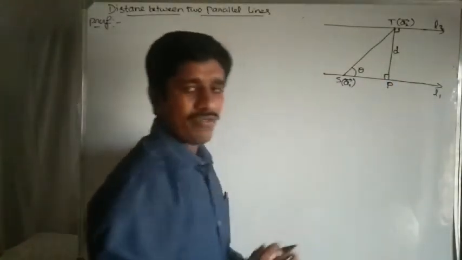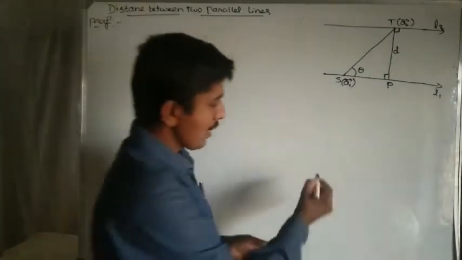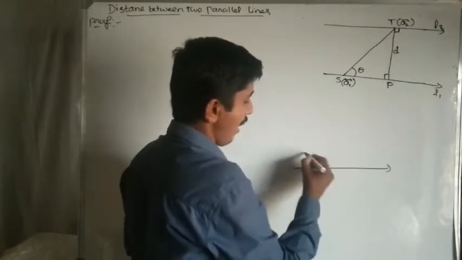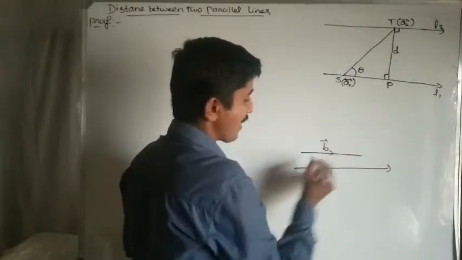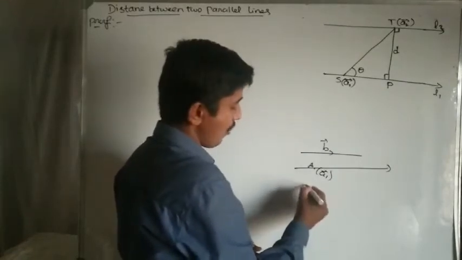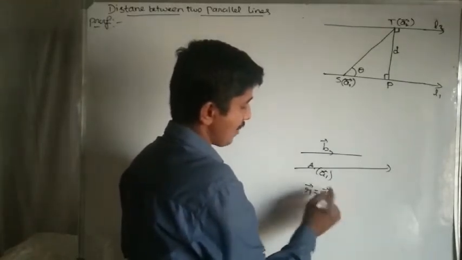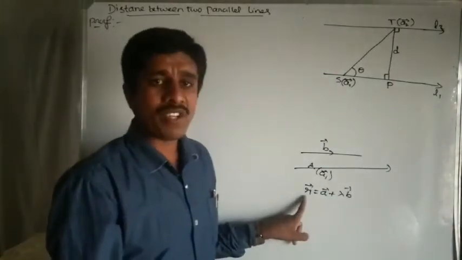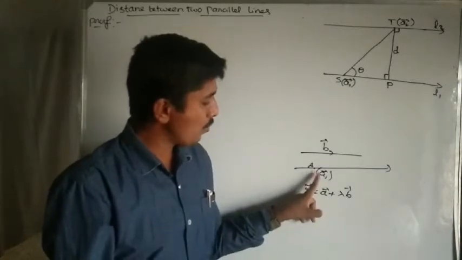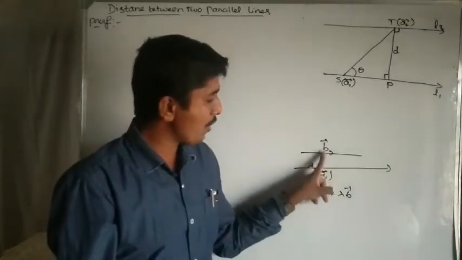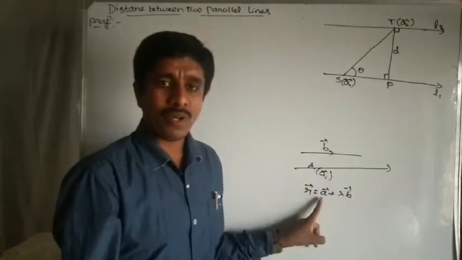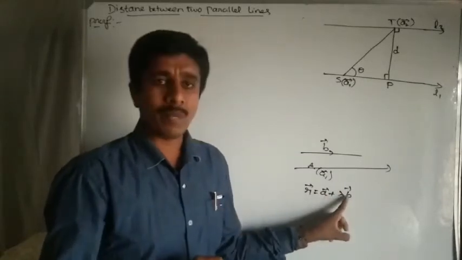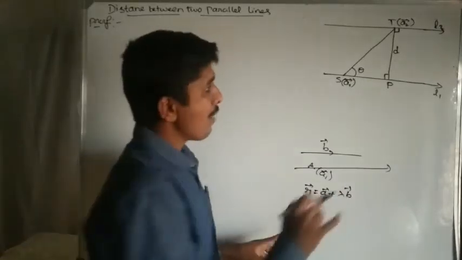And mind it, we know the formula: the equation of the line passing through a point A whose position vector is A, and parallel to vector B, is vector R equals vector A plus lambda vector B. Here A means the given point's position vector, and vector B means the parallel vector.